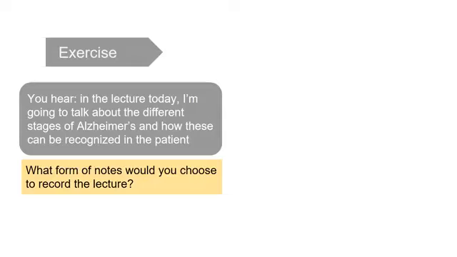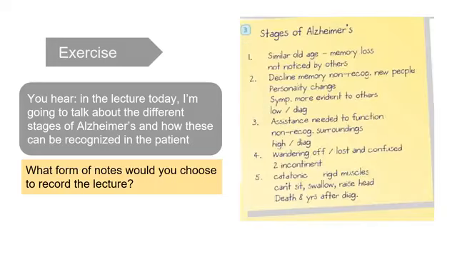Well, what form of notes would you choose to record this lecture? Clearly here the lecture is about the stages of a disease, so it goes through different stages which occur over time. So what kind of note would you choose for this? Yes, it is the timeline form of note.